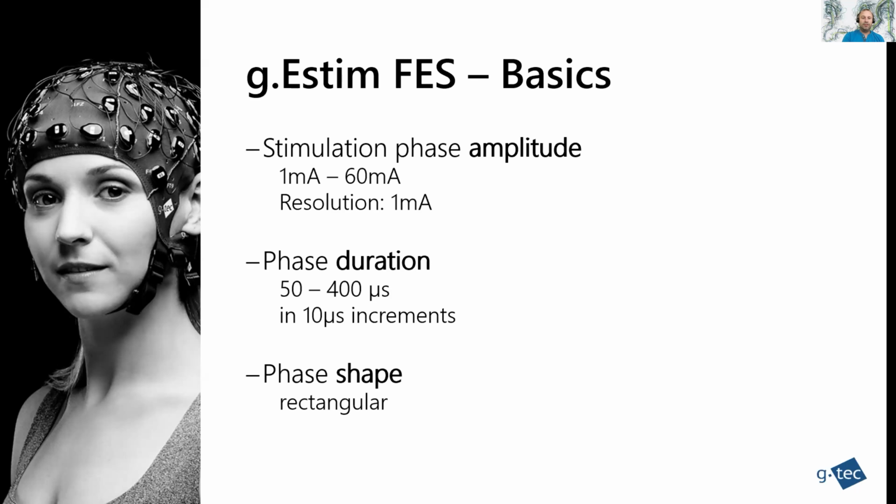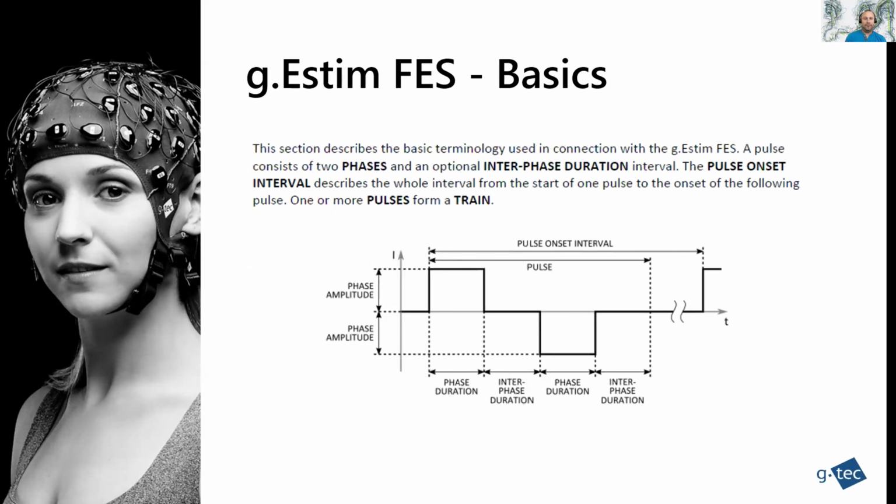The phase duration can also be adjusted from 50 to 400. And as mentioned, the shape is typically rectangular. So when we do the stimulation, as mentioned, it's biphasic. So we have the pulse here. What you can also set is an interphase duration. That's optional, so it's not necessary to use that, but you can. Then you will see that the shape changes a little bit, like that.